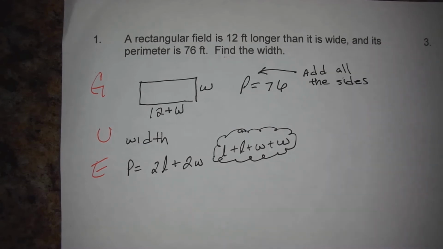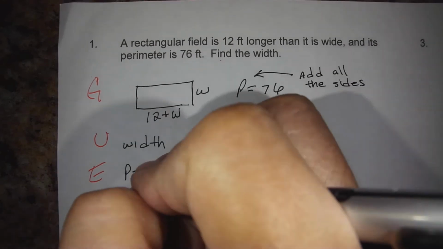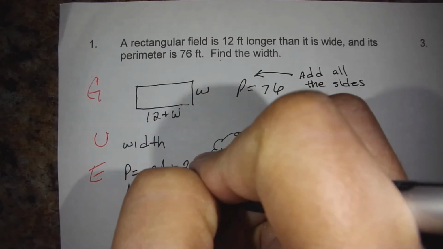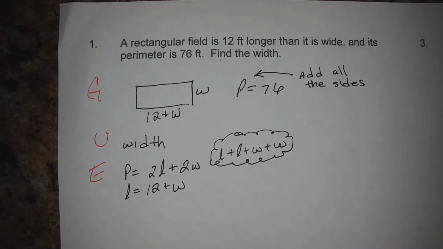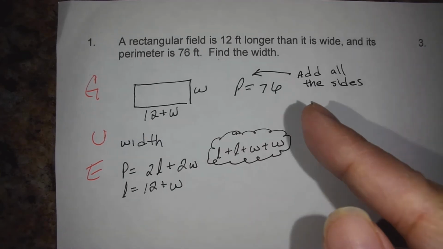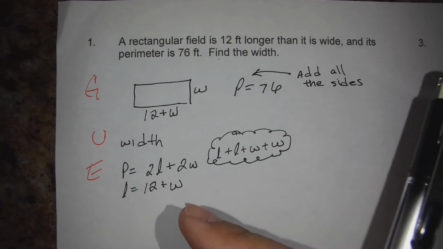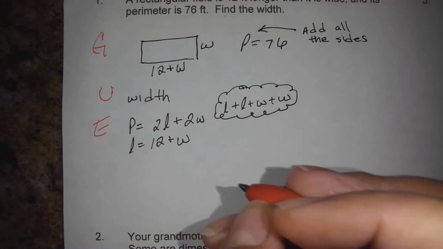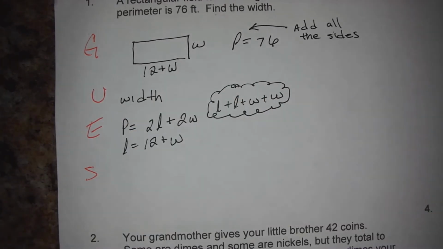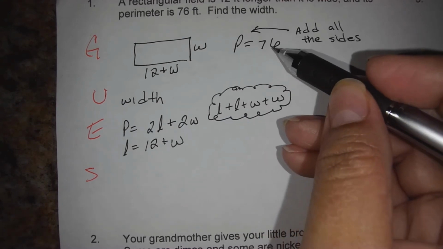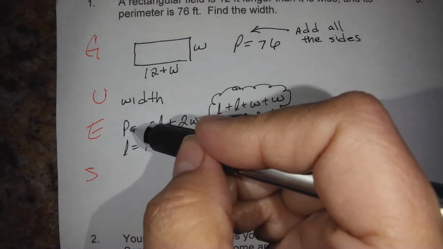That's one equation. The other equation we know is that the length is 12 more than the width. These two pieces are what we need to solve for the width. Now we're going to solve, the S. I know the perimeter is 76, so I substitute that value in.